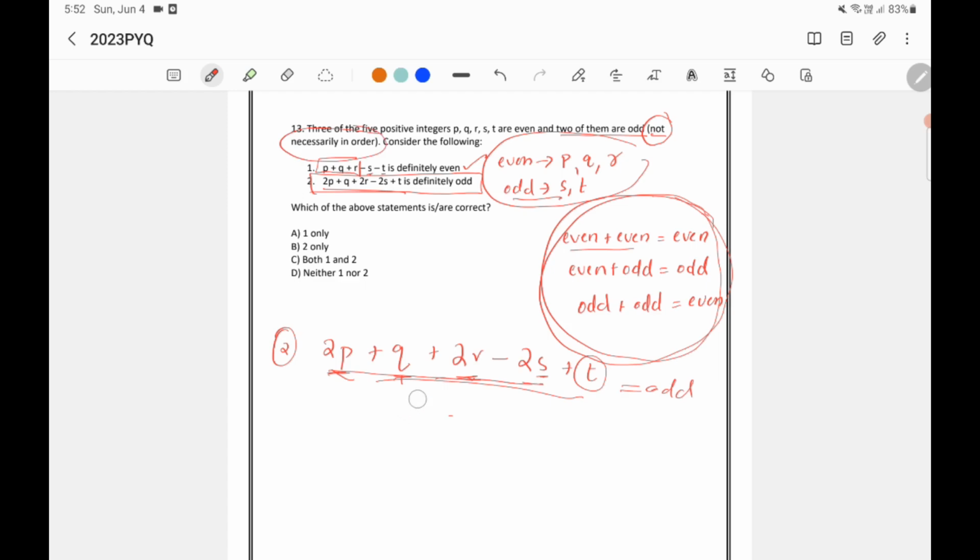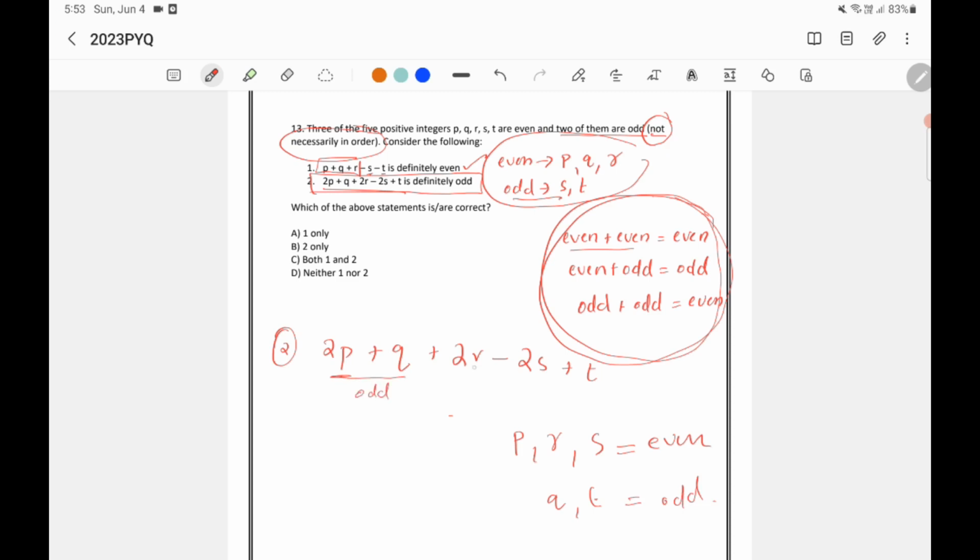So if I consider, in the same statement, p, r and s as even and q and t as odd, let's see what happens. So 2p will be even, plus odd is odd.